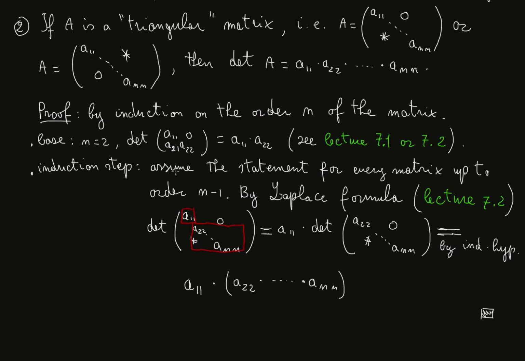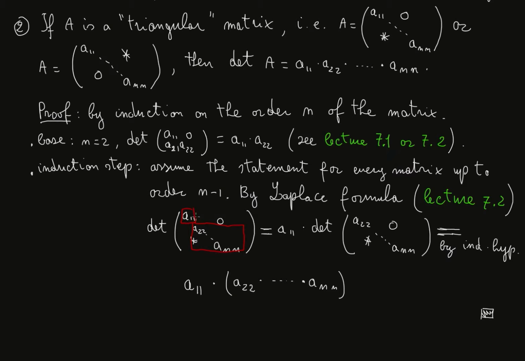Now the induction step involves assuming the statement for every matrix of order up to n minus 1. So we assume that. Now let's look at the Laplace formula, which we covered in lecture 7.2, the previous lecture, applied to this general order n square matrix, which is triangular.